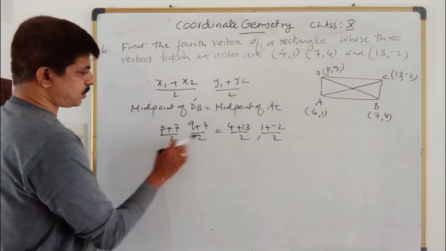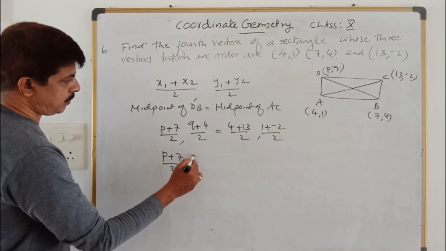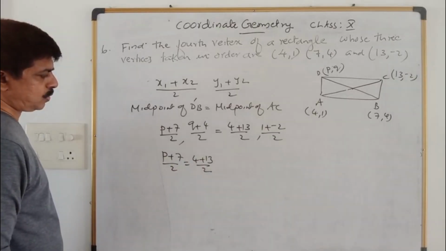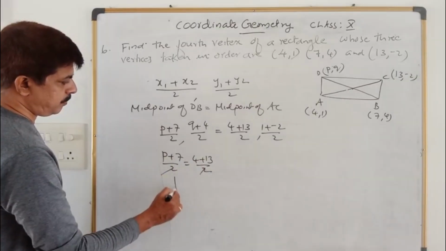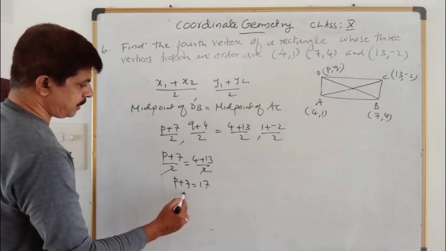So we equate the x coordinate: p plus 7 by 2 equals 4 plus 13 by 2. This 2 is cut. p plus 7 is equal to 17. So what is the p value?